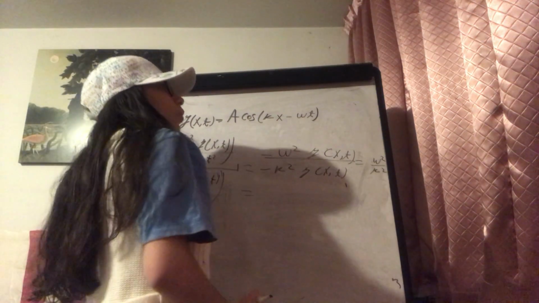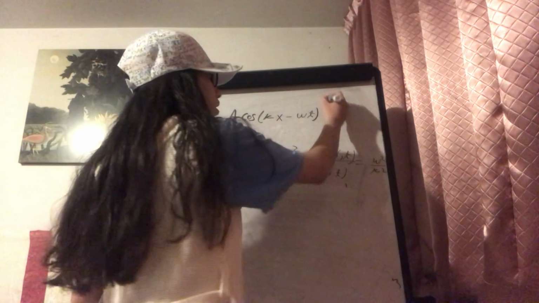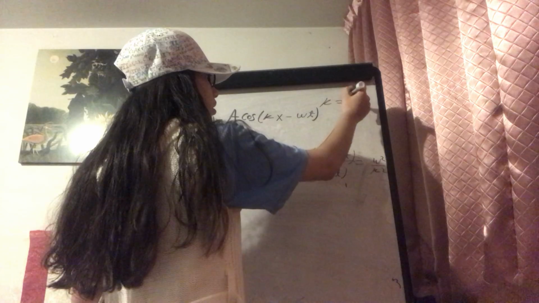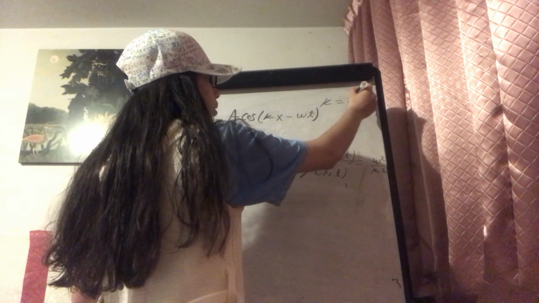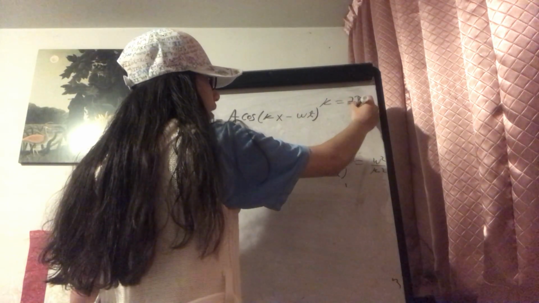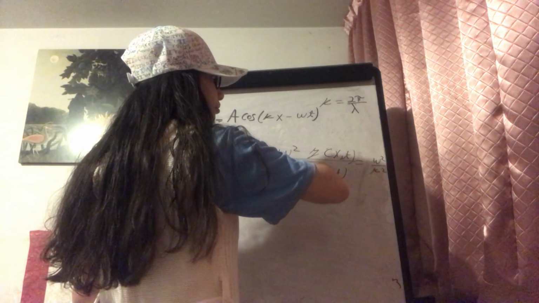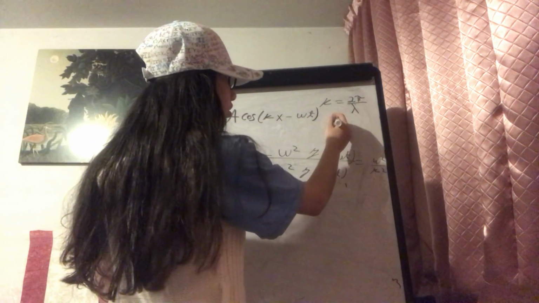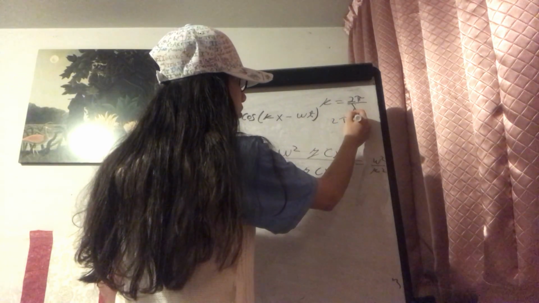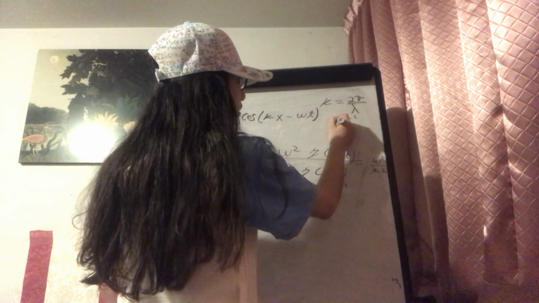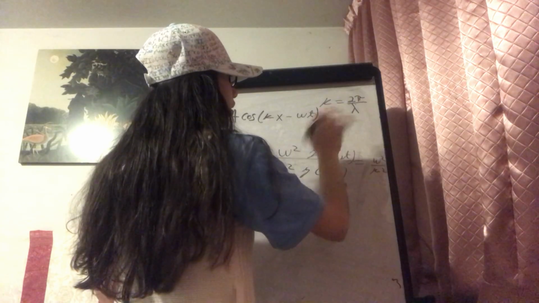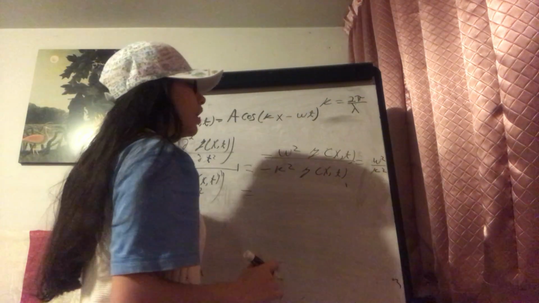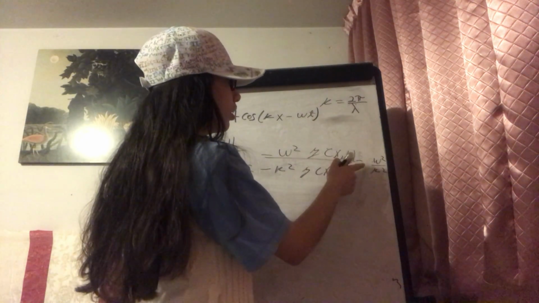Now, remember what k was? k was 2 pi divided by lambda. And what was omega?